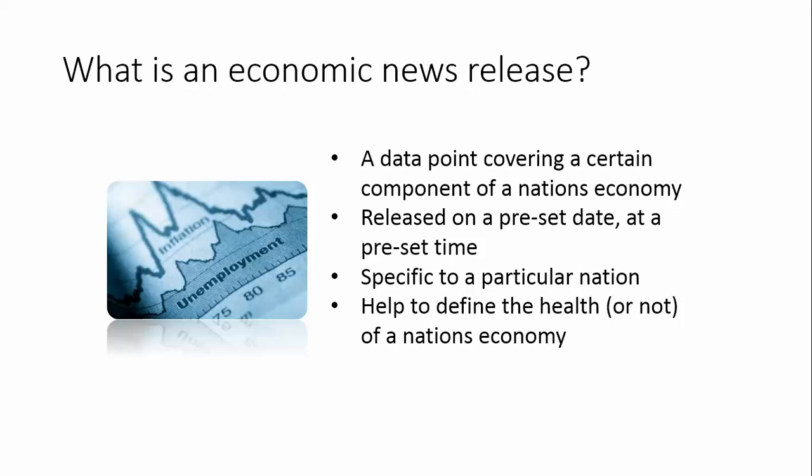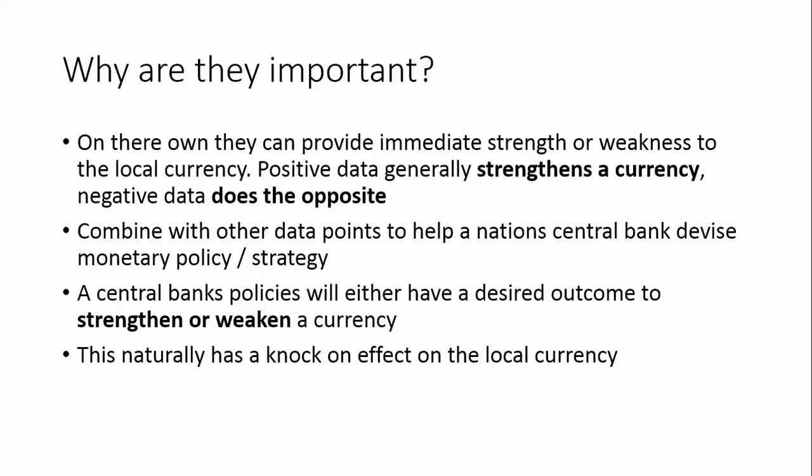So that health could be good health or it could be bad health. So depending on what the data is saying on a regular basis will determine essentially the strength or weakness of a local currency. And it's that strength or weakness, as we will see in future topics, that we are going to use to take advantage of trading opportunities in the markets every single month.